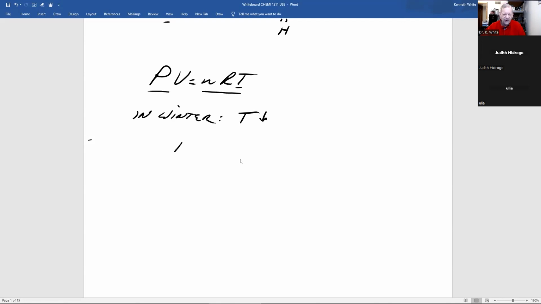So in the winter, you have PV equal nRT. Now, in your car tires, the volume, the number of moles n, and the universal gas law constant R are always the same.